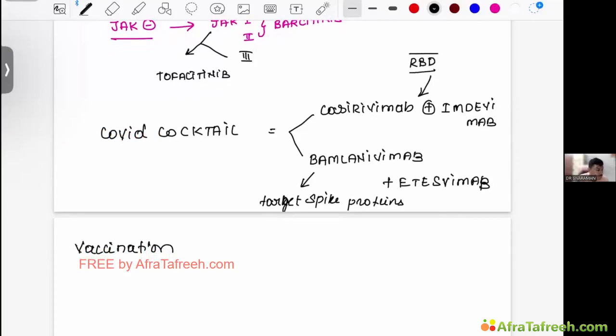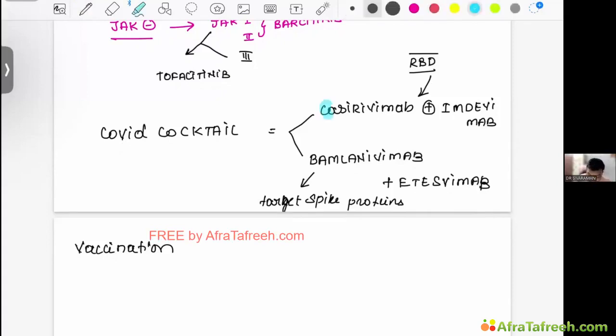These drugs were brought into the market and suddenly withdrawn. Casirivimab and imdevimab became famous because Trump took this cocktail. Cocktail means combination. Then again, they withdrew the drug.